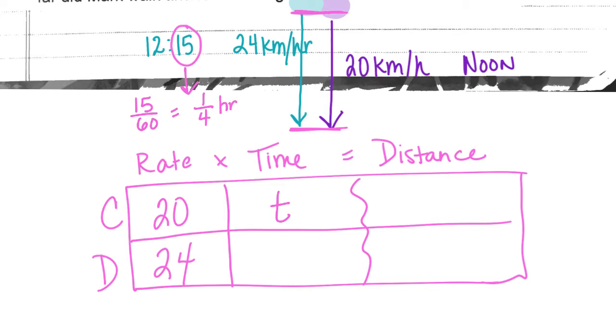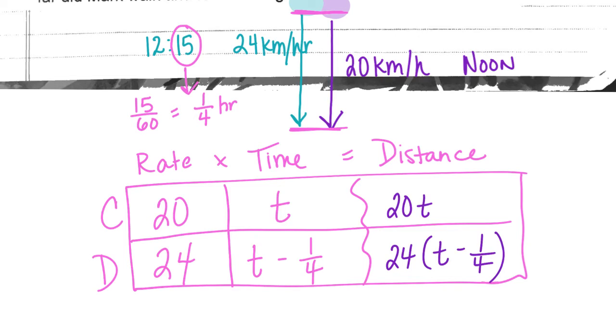So I'm going to call Dean's time t minus 1/4 because notice Dean leaves 15 minutes after. So Carla is riding her bike 1/4 of an hour longer than Dean. Does that make sense?